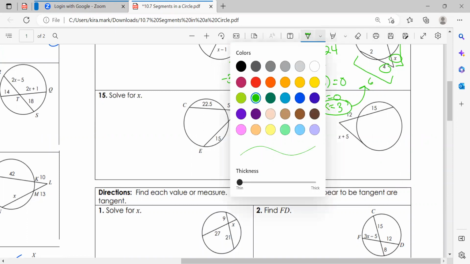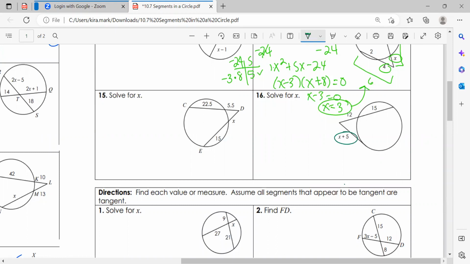Outside bit is its whole thing, so we're going to square it. So it's X plus 5 squared equals outside bit 12 times the whole thing. 12 plus 15 is 27.